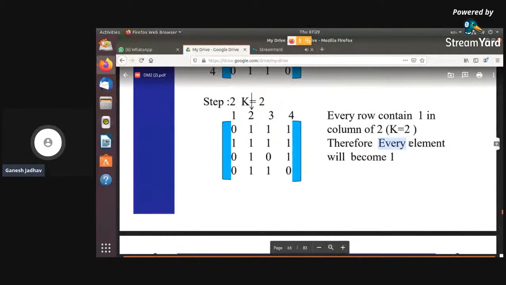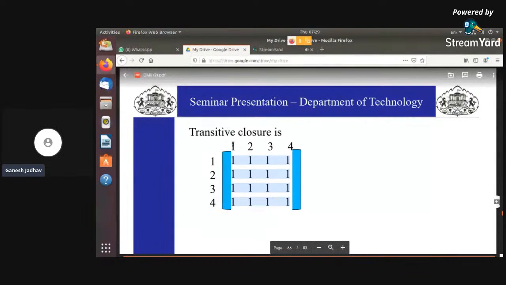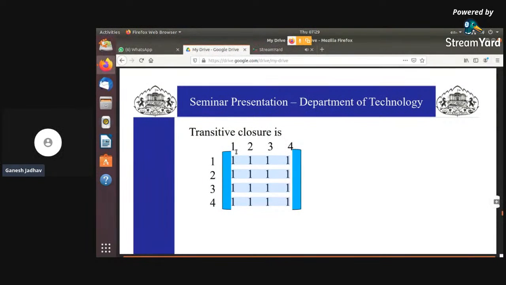Every element will be 1, so we can write the transitive closure as 1 1 1 1 in the first row, the third row is also 1 1 1 1, and the last row is also 1 1 1 1. So this is the matrix.